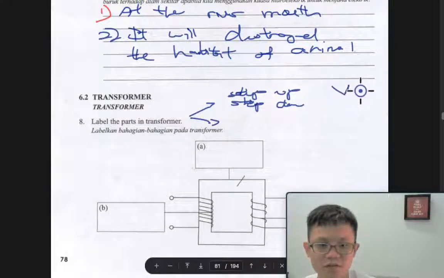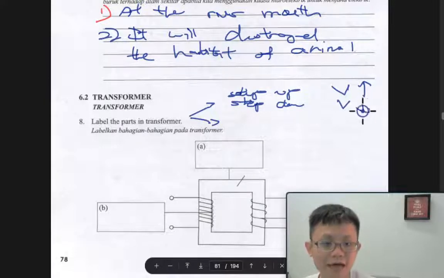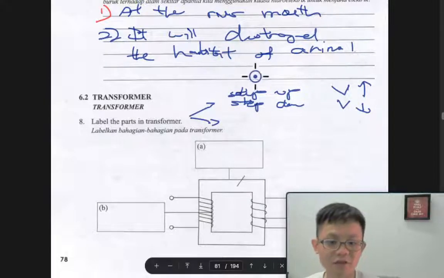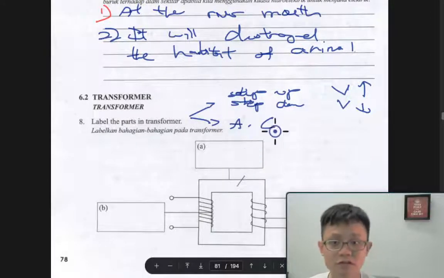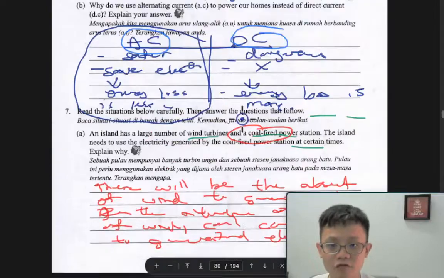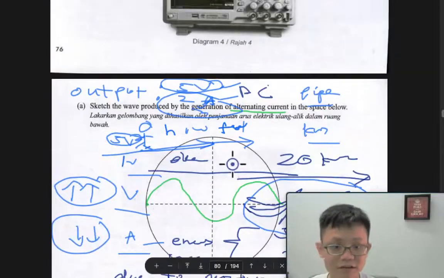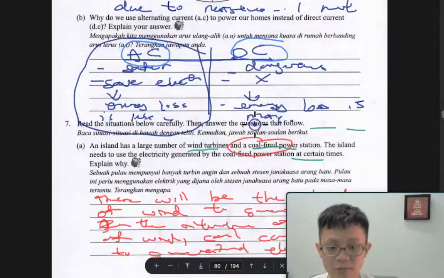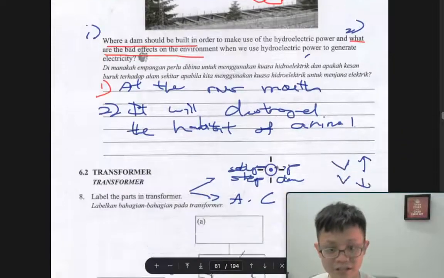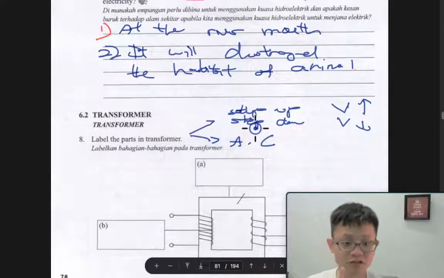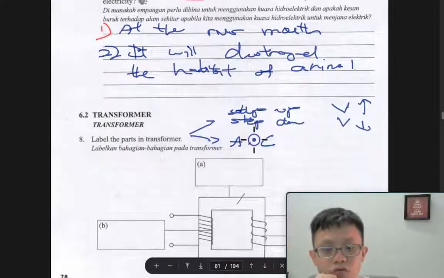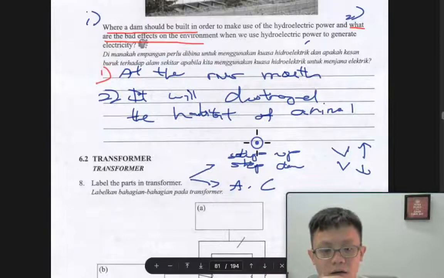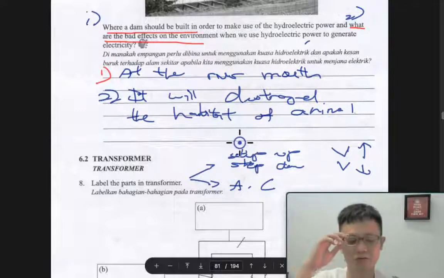Either you want to make the voltage go higher or make the voltage go lower, and it can only be used for alternating current. That is why previously we already studied why we want to use alternating current in your house, because we can easily change it. We can change the voltage up or down in order to transmit the energy.